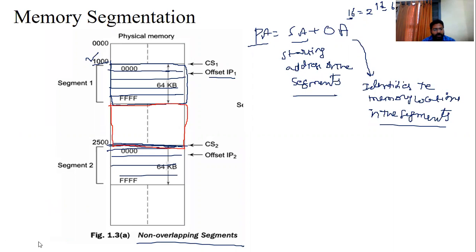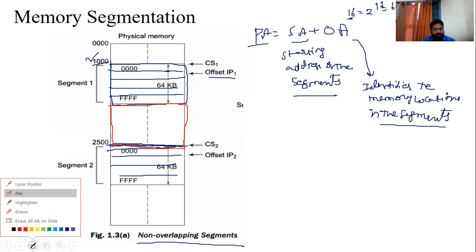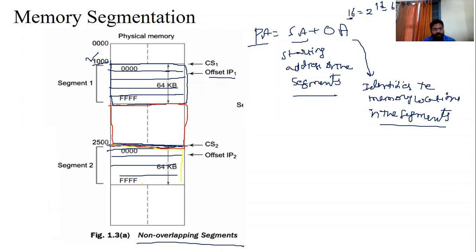After this, another segment starts. Then another one, and then this one. So it is not overlapping: one segment is completed, then the second segment starts, then that is complete, then the next segment starts. But in some cases, before closing the entire segmented memory, another segment is started by combining these two.